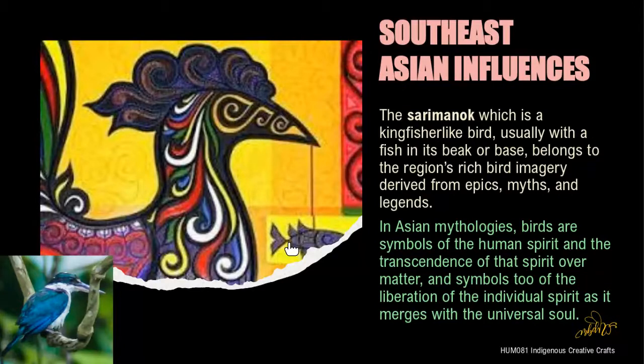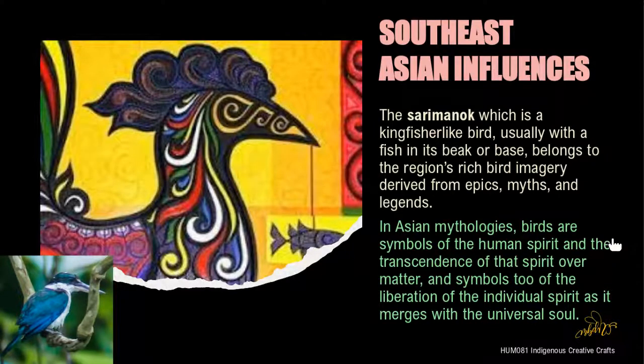Ayan, may isda dyan. It belongs to the region's rich bird imagery derived from epics, myths, and legends. In Asian mythologies, birds are symbols of the human spirit and the transcendence of that spirit over matter, and symbols too of the liberation of the individual spirit as it merges with the universal soul.